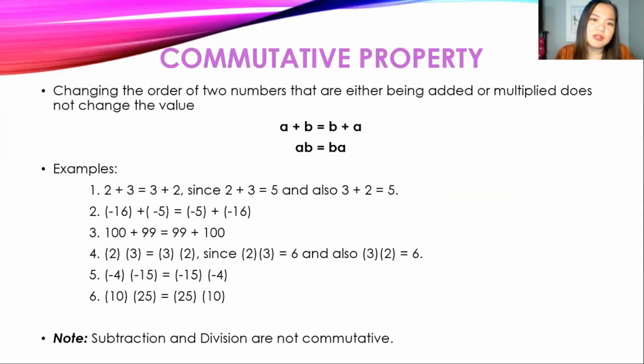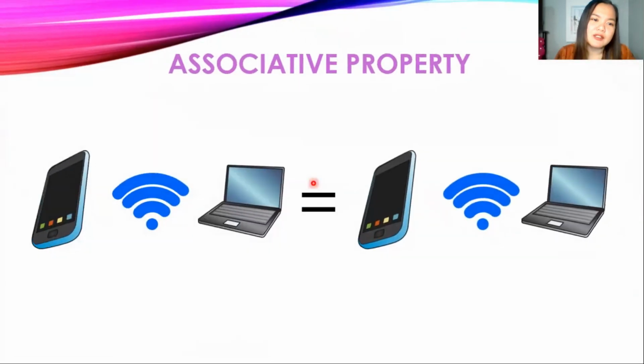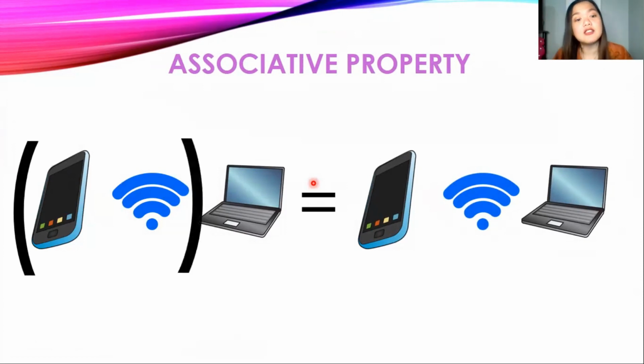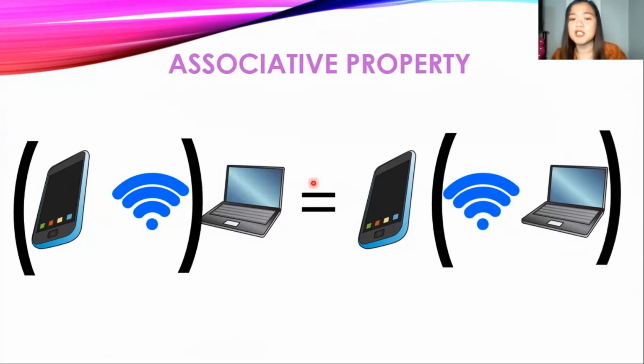Sometimes, other students prefer to have a cell phone and data or Wi-Fi, then a laptop. It is still the same as having the Wi-Fi and then the laptop and then the mobile phone.